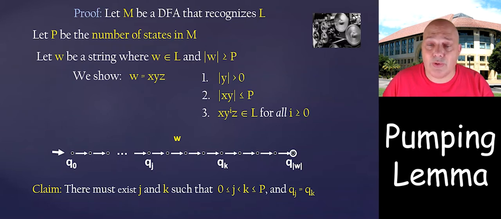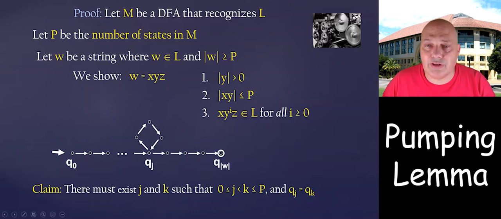So let's reorganize our states a little bit. We acknowledge the fact that qj and qk are the same state, and so let's identify these two states to one location. Now the path from q0 goes through qj.